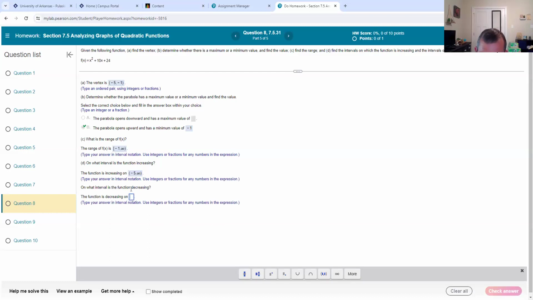And then we said it was decreasing, the part going downhill, from negative infinity, comma, to -5. So when you're dealing with a parabola, one side will go from the x value to infinity, the other side will go from -infinity to that x value. And it depends on the order based on whether you've got a minimum or a maximum on these, okay?